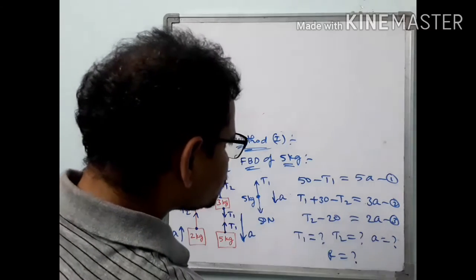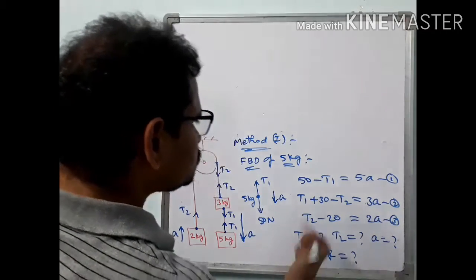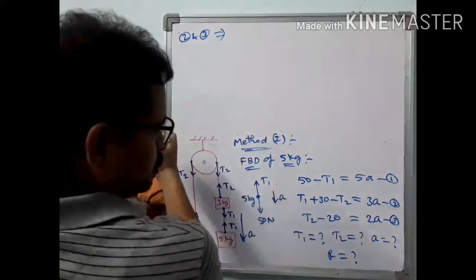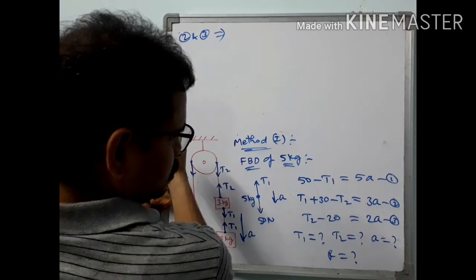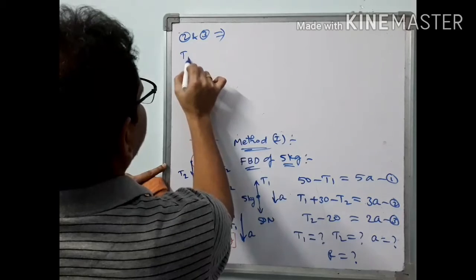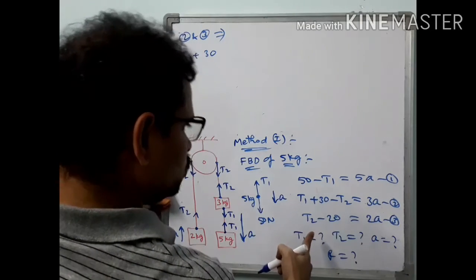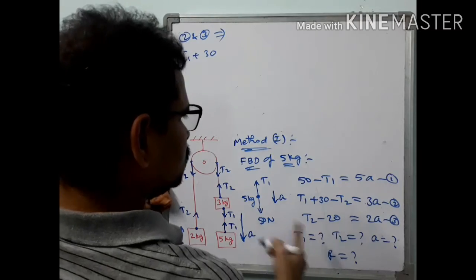First let us find, solving these equations. Equations 2 and 3: T1 plus 30 minus T2 equal to 3A, and T2 minus 20 equal to 2A.